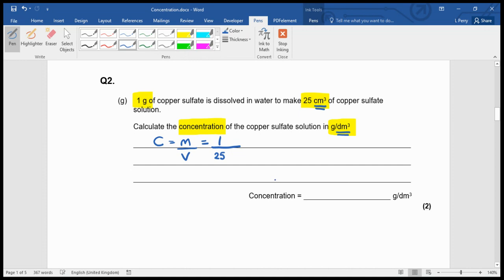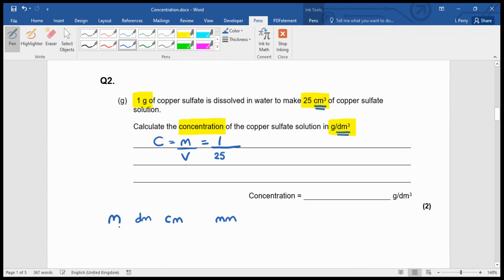Now, for those of you who aren't sure what decimeters are, you know what a meter is, you know what a centimeter is, you know what a millimeter is. I'm just getting smaller, aren't I? A centimeter is 100 times smaller than a meter. A millimeter is 1,000 times smaller than a meter. Decimeter goes in the middle. It's 10 times smaller.